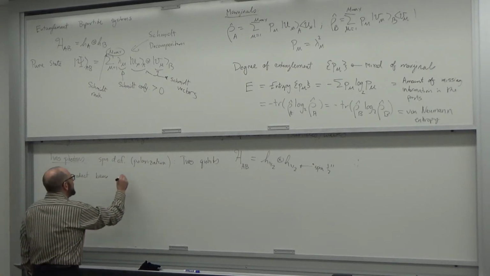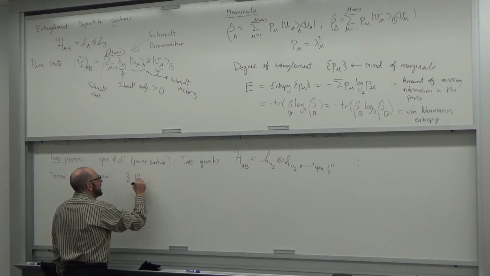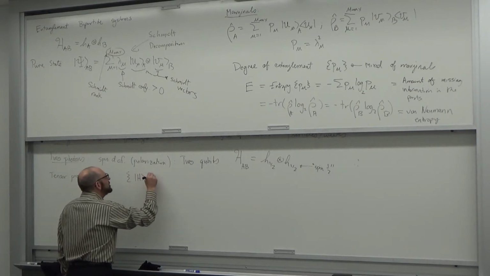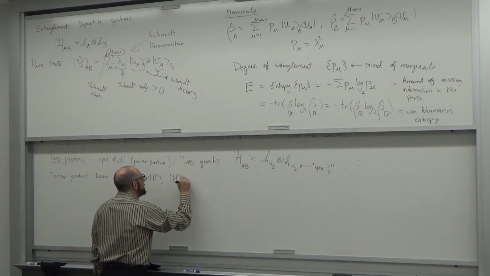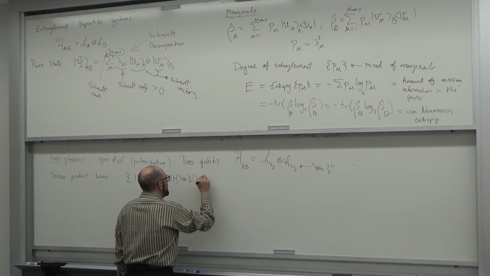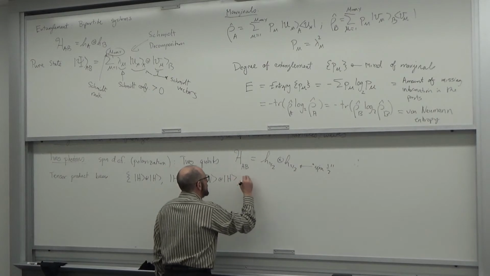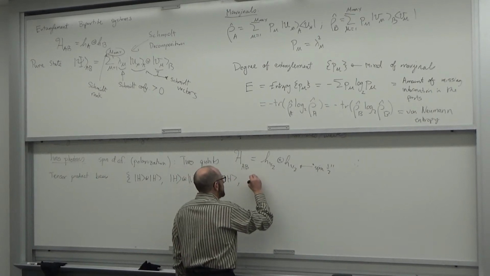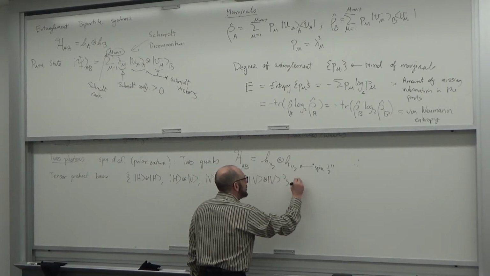So we might think about this as H tensor H, H tensor V, V tensor H, and V tensor V as my product basis.